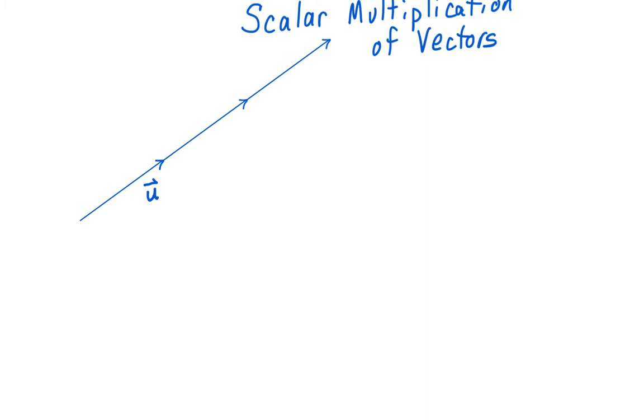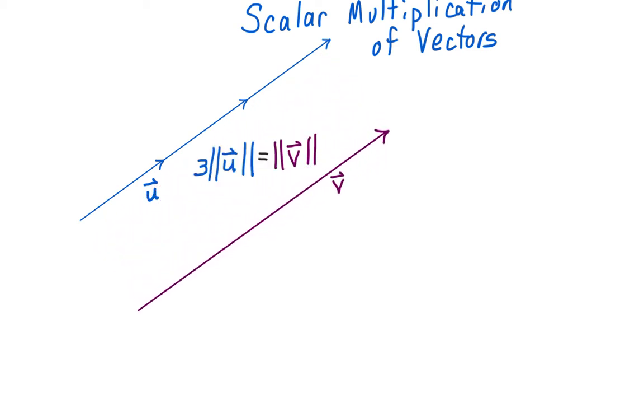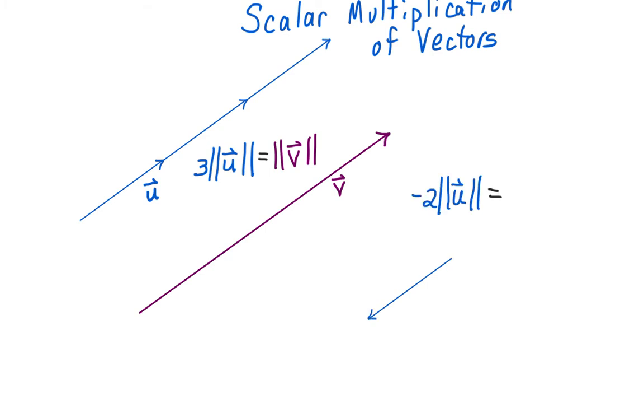And if I put them tail to tip, I now have a vector that is 3 times as long as my original vector, or another way to say it is I have a vector of 3 times the original magnitude. If I had taken the original vector and multiplied it by -2, the -2 would have changed the direction to its opposite and extended the magnitude by 2.